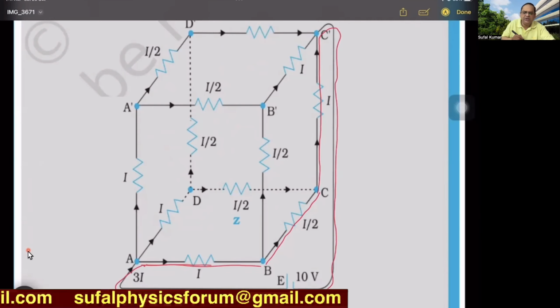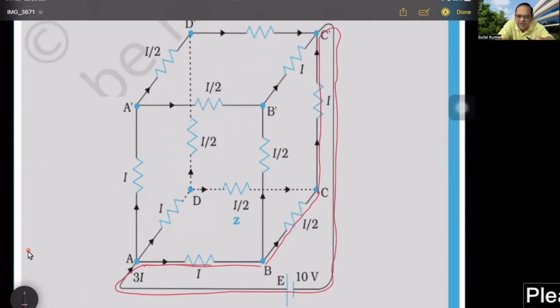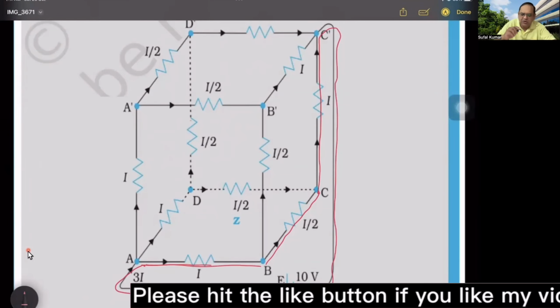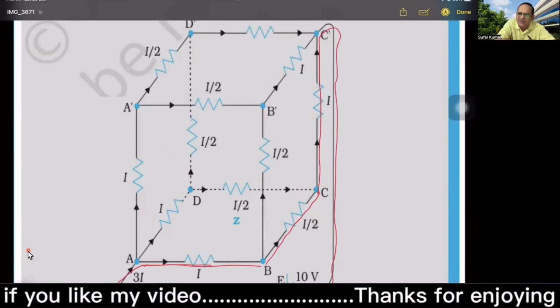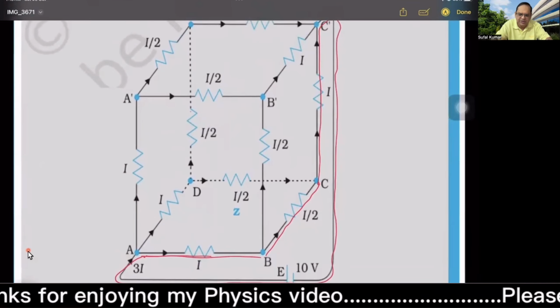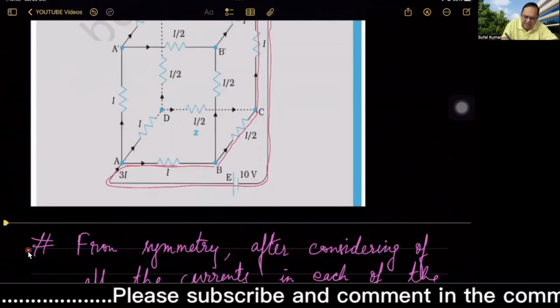I'm not going to discuss how to apply Kirchhoff's law, because I have already explained it in detail in my theory lecture notes. So this closed loop, A, B, C, C dash, E, A.